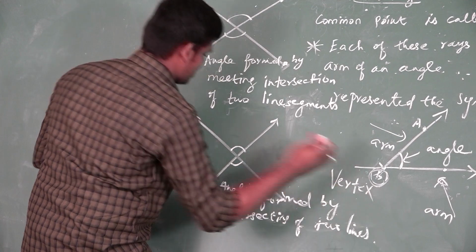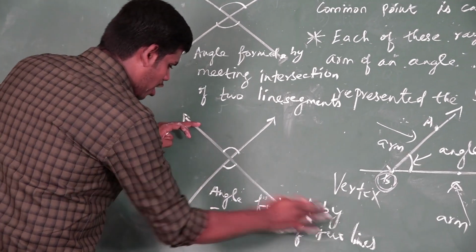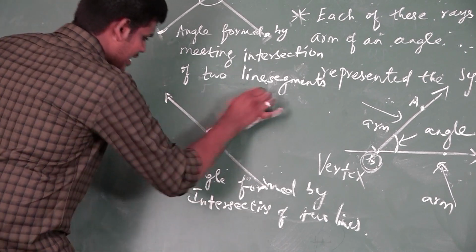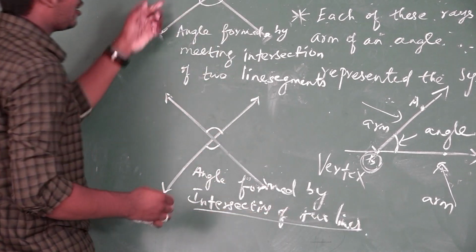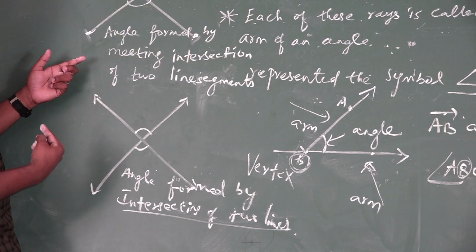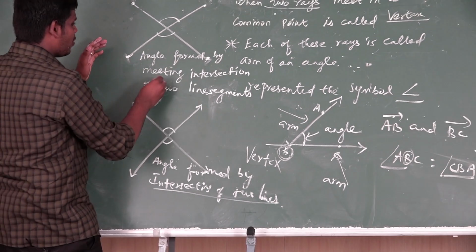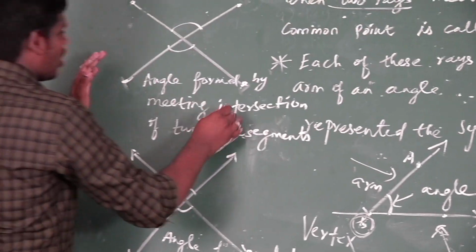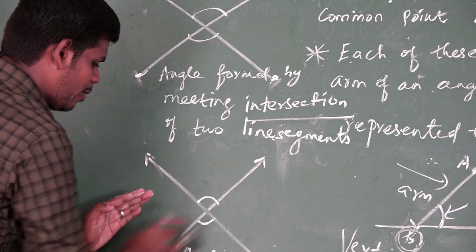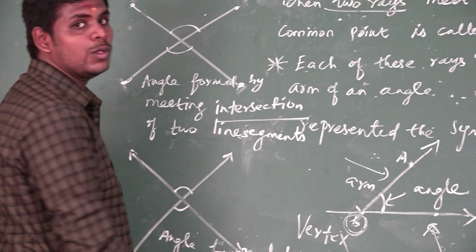Two lines. Do you understand? This is an angle formed by meeting of two rays, an angle formed by meeting of two line segments, an angle formed by intersection of two line segments, and an angle formed by intersection of two lines.